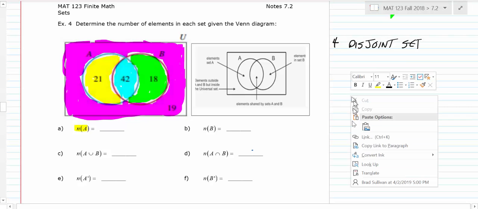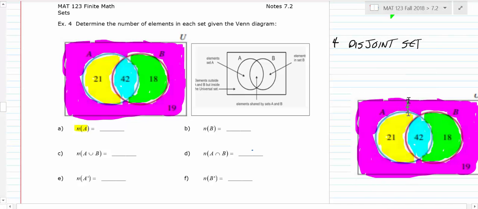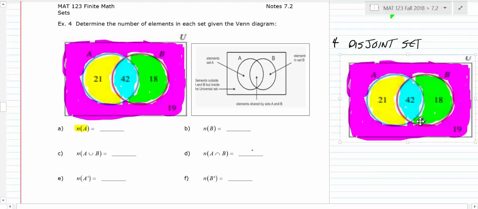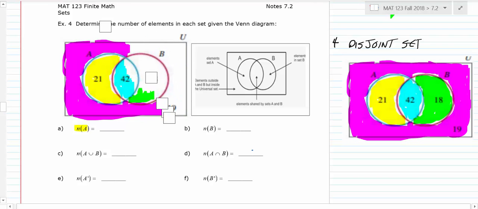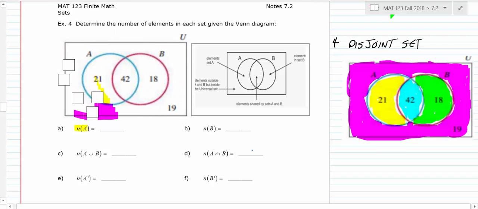There's nothing in common between those sets. There are 4 parts of this Venn diagram. The 21 is just this part, the 42 is just that part, 18 is like the crescent moon, the 19 is outside of that. I'm going to erase this because we're going to use this Venn diagram to help us with stuff.